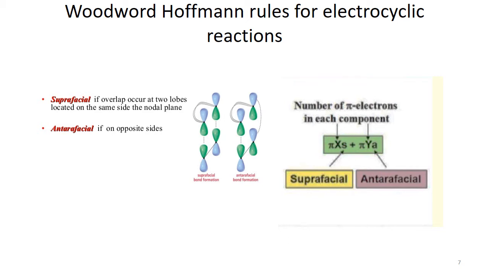If they overlap in a suprafacial way, we call it s, and if they interact in an antarafacial way, we call it a. So if two ethylene molecules interact together, one suprafacial and the other antarafacial, we say it has a pi 2s and pi 2a system.